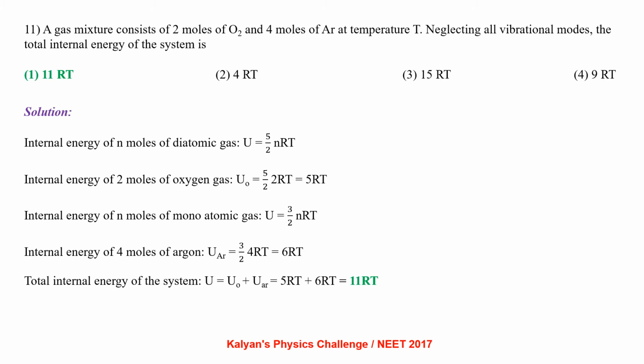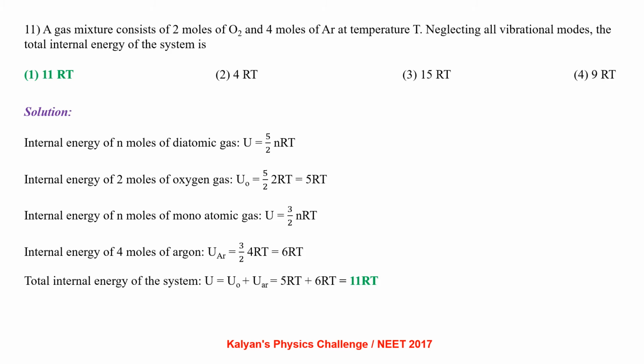A gas mixture consists of 2 moles of oxygen and 4 moles of argon at temperature T. Neglecting all vibrational modes, the total internal energy of the system is. A diatomic gas has 5 degrees of freedom, so the internal energy of n moles of diatomic gas is given by 5 by 2 nRT. So since there is 2 moles of oxygen gas, the value comes out to be 5 RT.